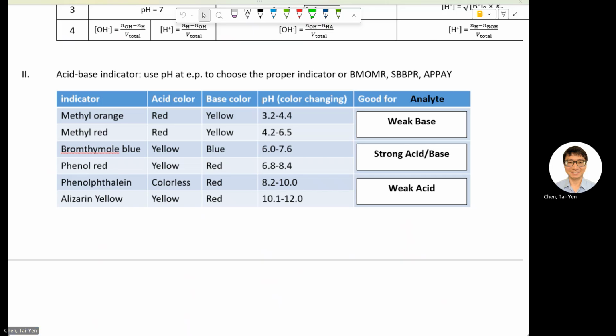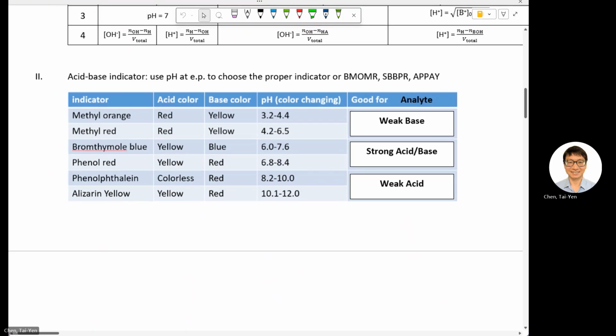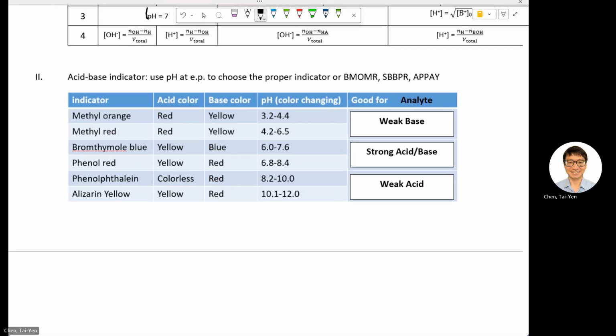Okay, so which of these 6 different indicators you use is going to be determined by what kind of analyte you're going to have.